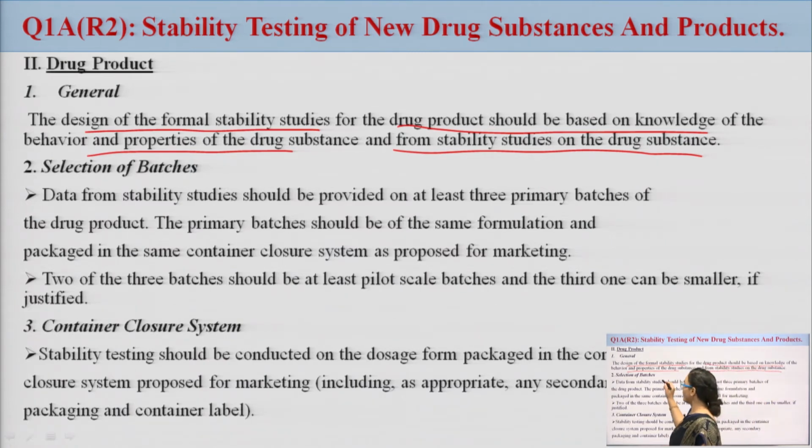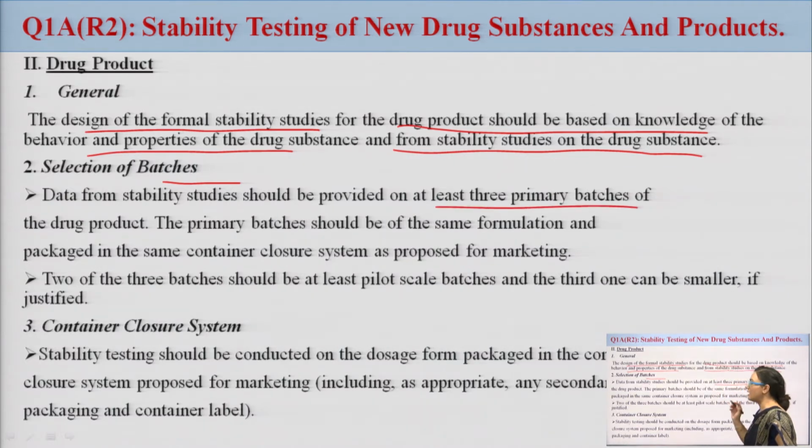Here, how will we select batches for stability studies? So for this stability study, again we need at least 3 primary batches of the drug product.